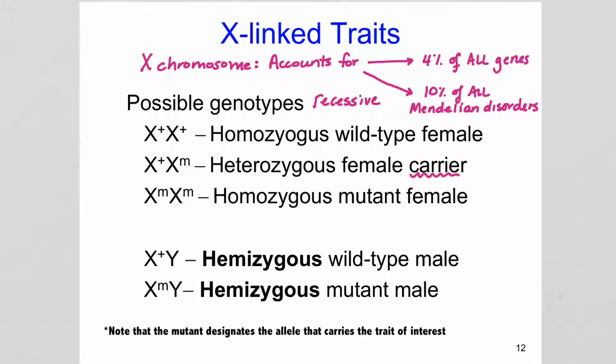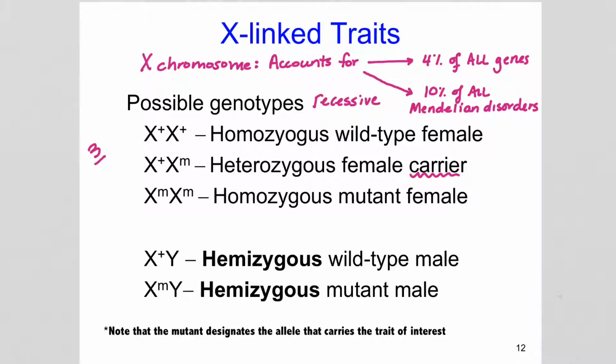Females have 3 possible genotypes. It's exactly the same as what we've been working through with all of our autosomal conditions when we're dealing with just one gene. Because she has 2 copies of the X chromosome, she also has 2 of the alleles.